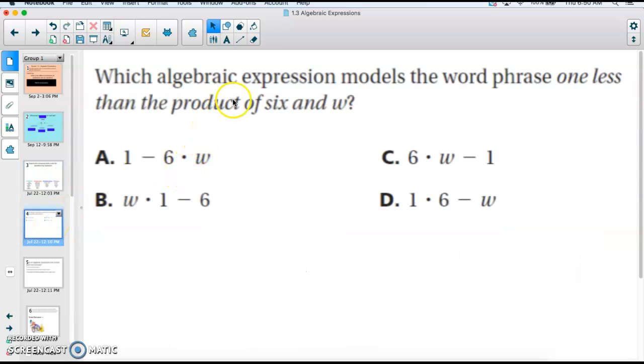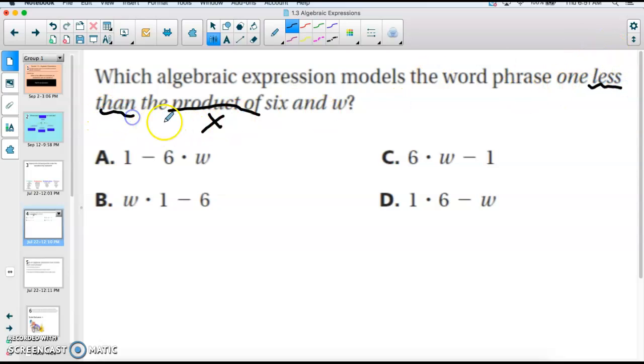All right, so which algebraic expression models the word phrase 1 less than the product of 6 and w? Okay, so right away we see product of 6 and w, so we're thinking times here. And then we see the word less than, 1 less than, so that would be subtraction.